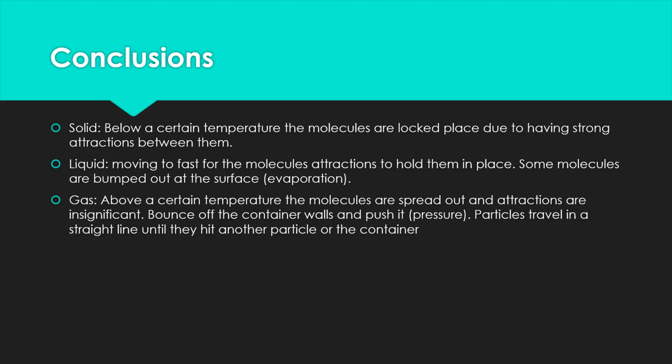But those particles are moving, sliding past each other, while staying at the bottom of the container. And then a gas: above a certain temperature, the molecules are spread out and attractions are insignificant. They bounce off the container walls and push on it. We call that pressure. We're going to explore lots about pressure in this unit. And then the particles travel in a straight line until they hit another particle or the container.